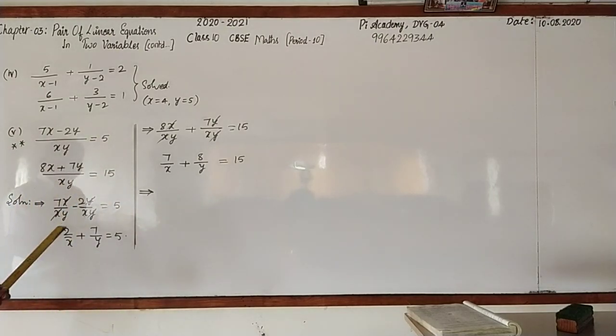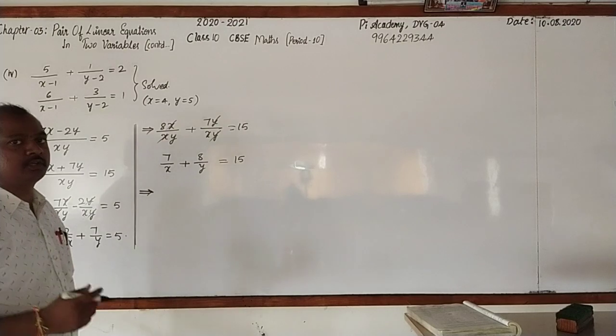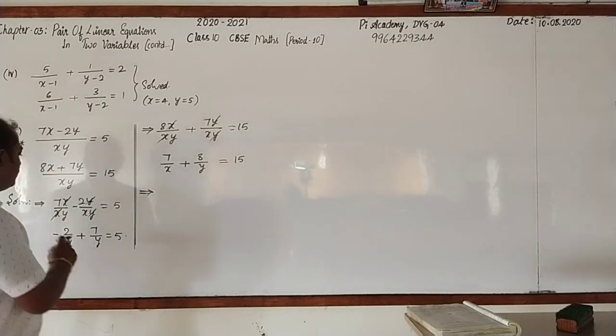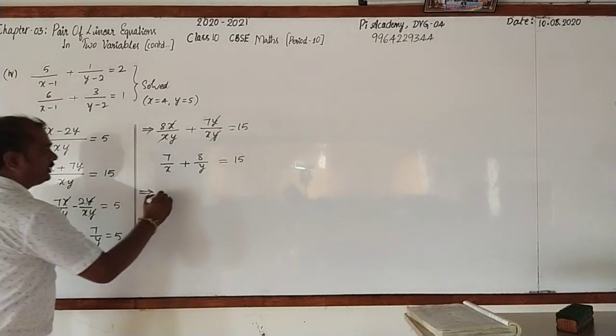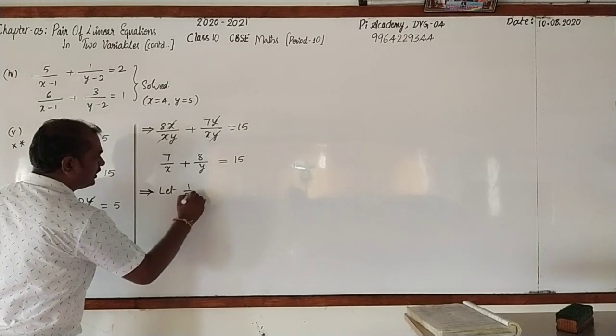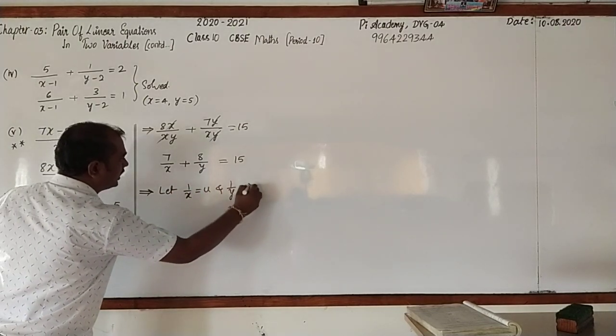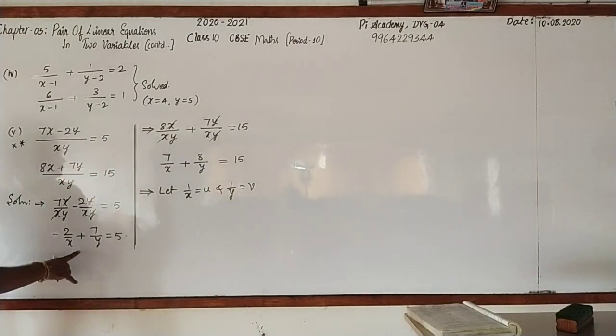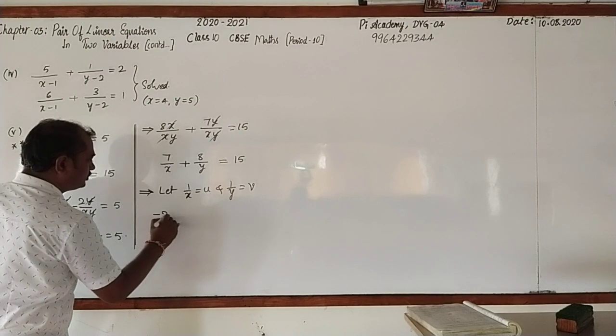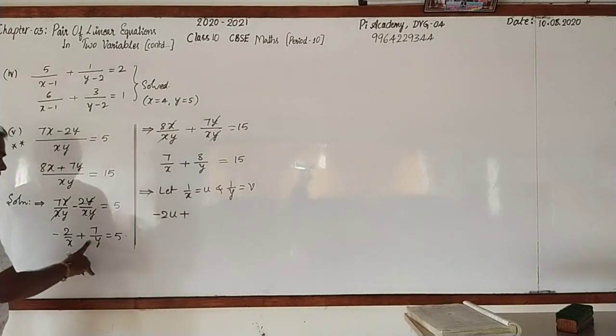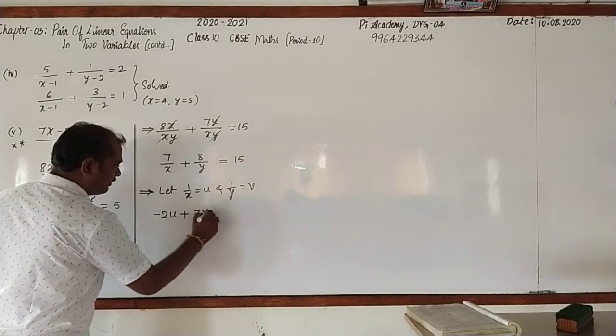But here the terms are given as fractions. Hence we can go for a method called the UV method. Then how do you go about assuming? Here let us assume that 1 by x is u and 1 by y is v. How do you write this first equation? Write with me. Yes, it is minus 2u plus 7v.